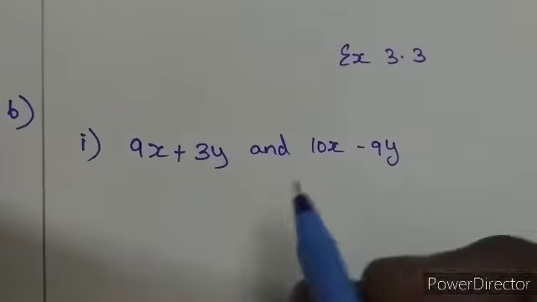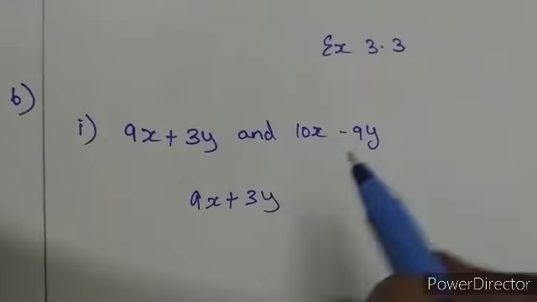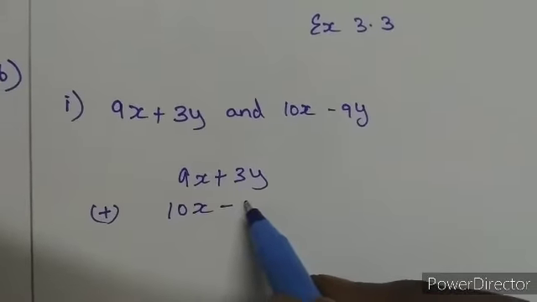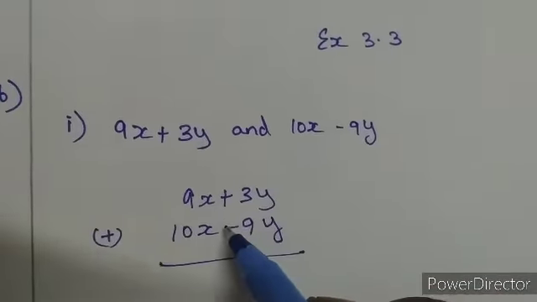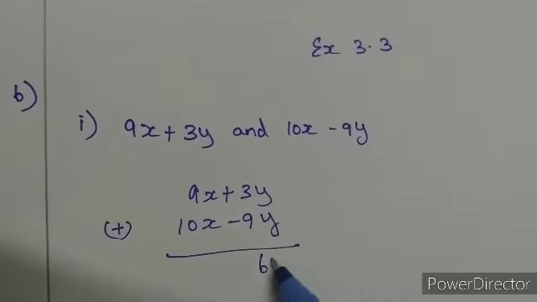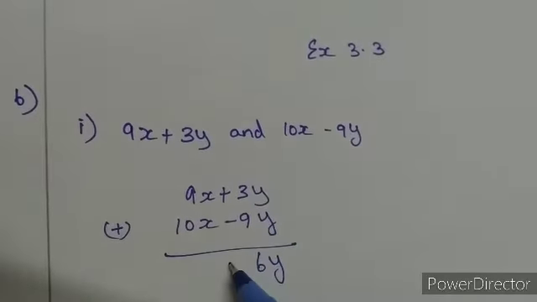First arrange the like terms. So 9x plus 3y add 10x minus 9y. Now plus into minus, we have to subtract these two numbers. So 9 minus 3, 6y. Which number is greater? 9. The sign for that is minus.